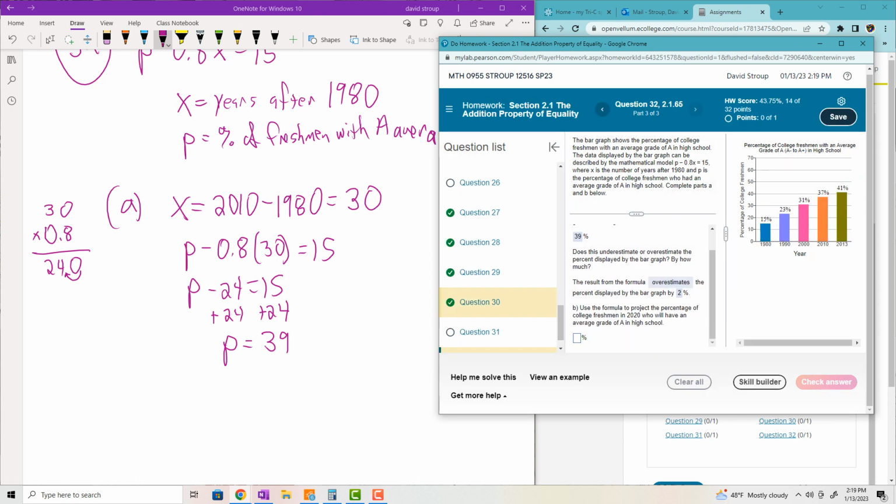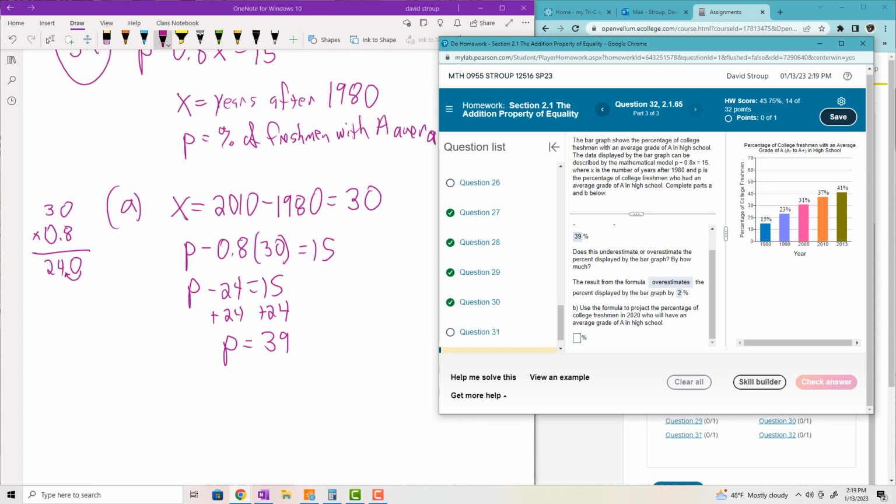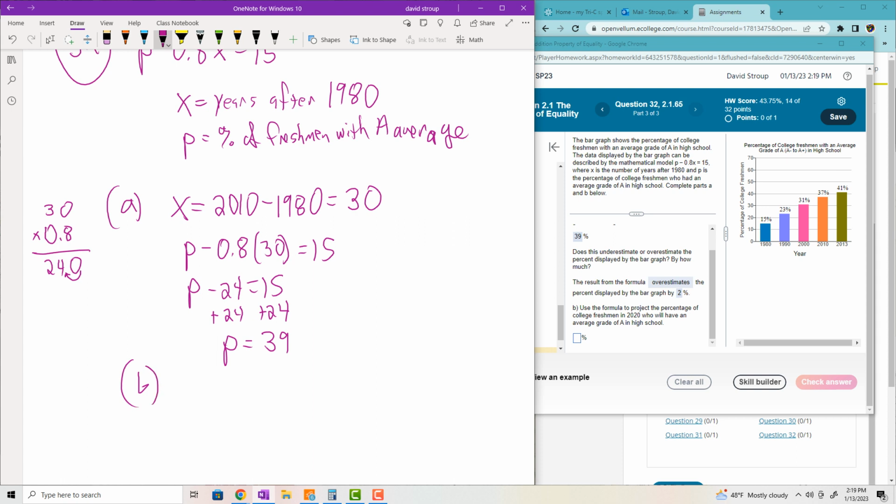Okay, part B. Now they want you to use the formula to project something that even the data doesn't tell you. So that's one of the powers of these formulas. You can use it to make predictions. It's like being a sorcerer, somewhat. So part B, they want you to make a prediction about the freshmen coming in 2020, right? So here again, we need an x value, and I want to take 2020 and subtract away 1980.